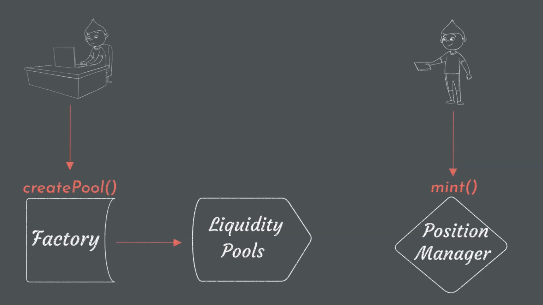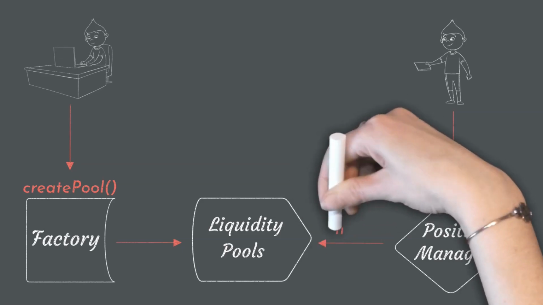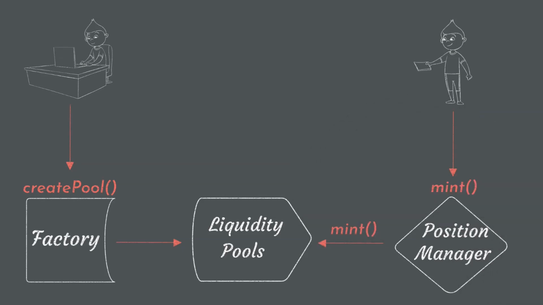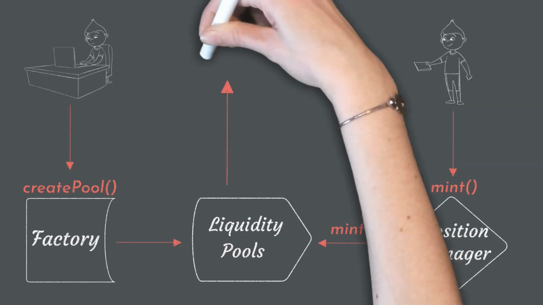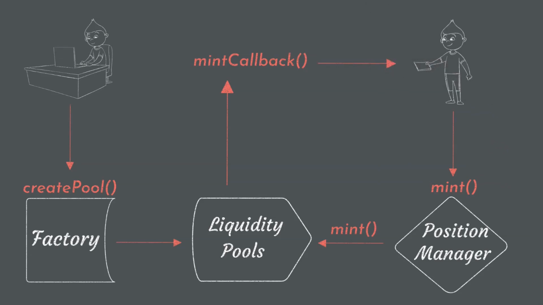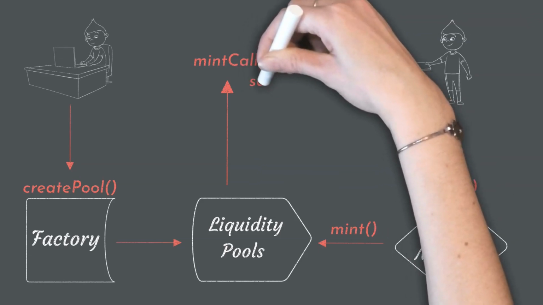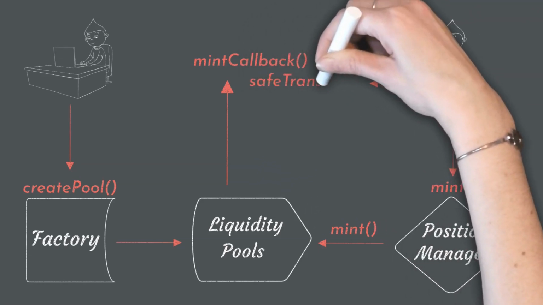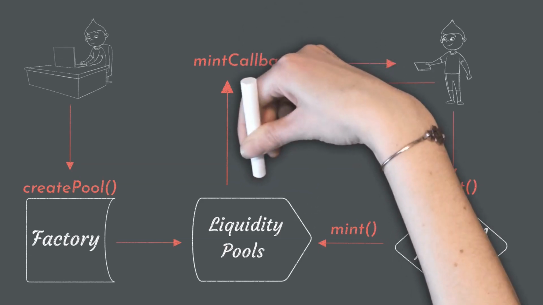But the story didn't end there. The position manager contract would then call back into the pool contract's mint function. At that point, the pool contract would execute a callback to the provider requesting them to actually fund the pool with their tokens. In response, the provider had to transfer both tokens to the pool to complete the process and receive the liquidity position token.